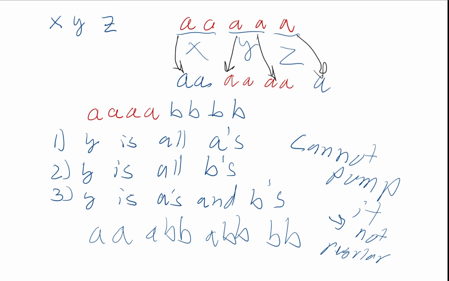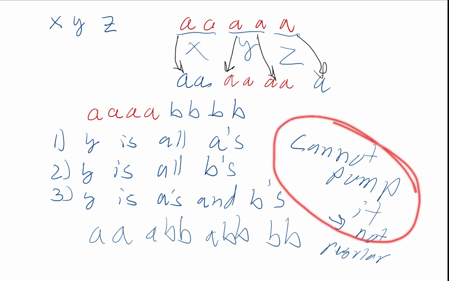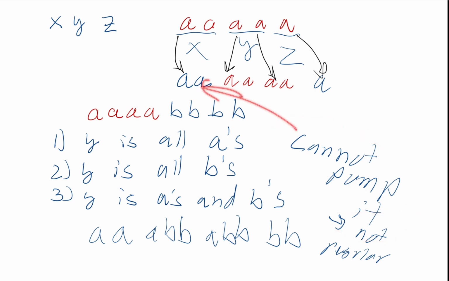Now, the only reason why we have the pumping lemma theorem is to allow us to prove that certain languages are not regular. So the pumping lemma theorem is a tool that we can use to help prove that languages are not regular. And how do we do it? We prove that there is no way that we can pump certain words. And if we can't pump certain words, then it is not regular.